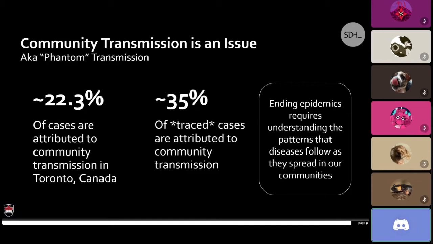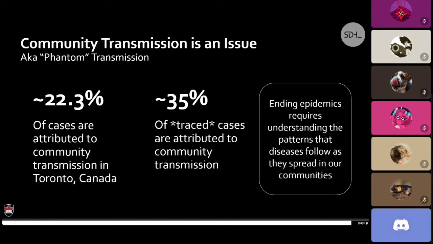Around 35% of the cases that we trace are attributed to community transmission. Then the number on the left is the percentage of all cases that are attributed to community transmission. The reason that number is lower is because the public health unit can't get to every case. In this case, it could be a resource issue. It could be individuals who may not be willing to cooperate with the public health unit and the like.